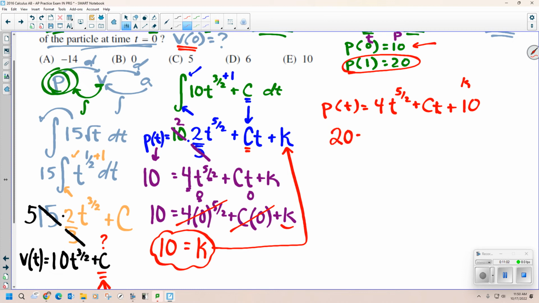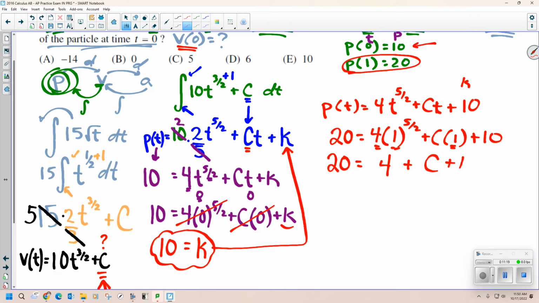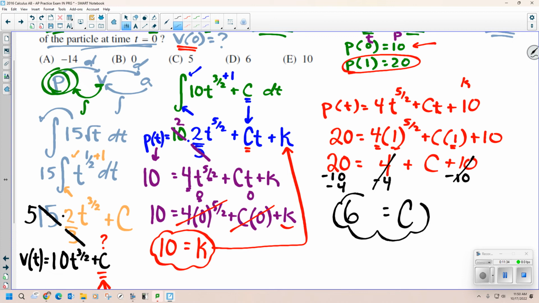So I've got 20 equals 4 times 1, which is 4, plus c times 1, which is c, plus 10. Very doable. Minus 10 minus 4: c equals 10 minus 4, which gives me 6. I now have my c variable.